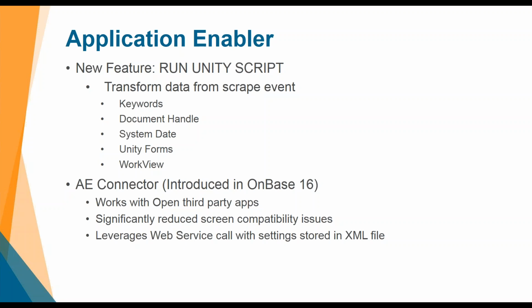So if in the past you were unable to scrape from certain third-party applications, there's a good chance that using this connector will give you a lot better improved capabilities to leverage it to scrape from your third-party applications.